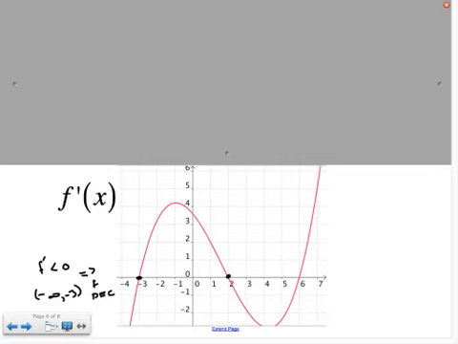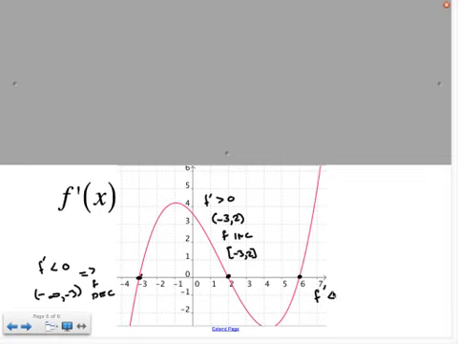Then your first derivative has positive y values from -3 to 2. So f prime is positive on this interval, -3 to 2 open, which means f is going to increase on the interval -3 to 2. We go negative for your y values of f prime from 2 to 6.